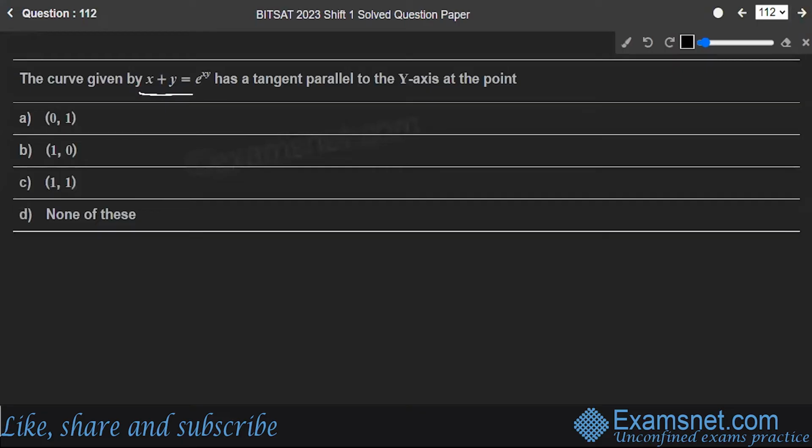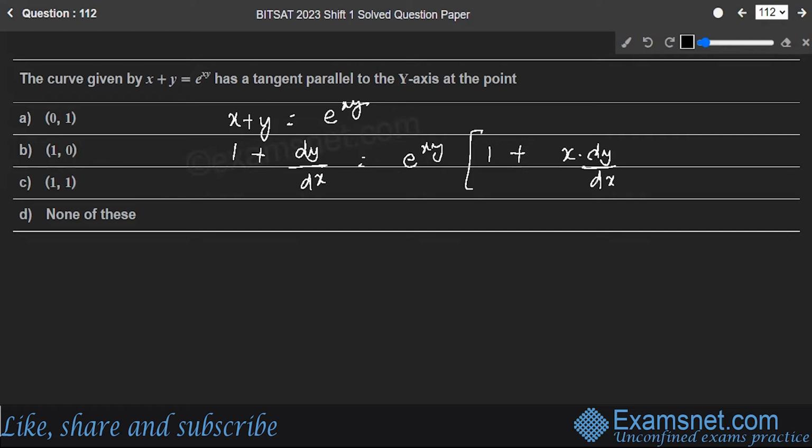The curve given by x plus y is equal to e power xy has a tangent parallel to the y-axis at that point. Now differentiating both sides with respect to x, you have 1 plus dy by dx is equal to e power xy into (1 plus x dy by dx).